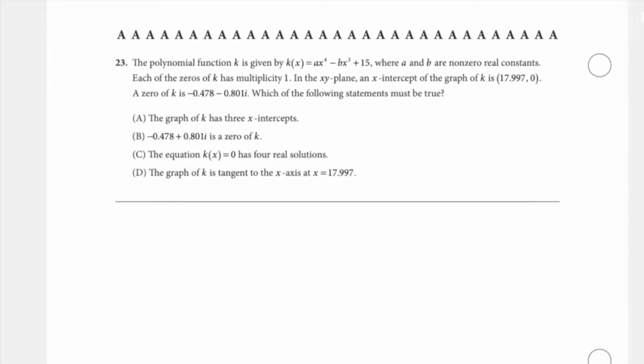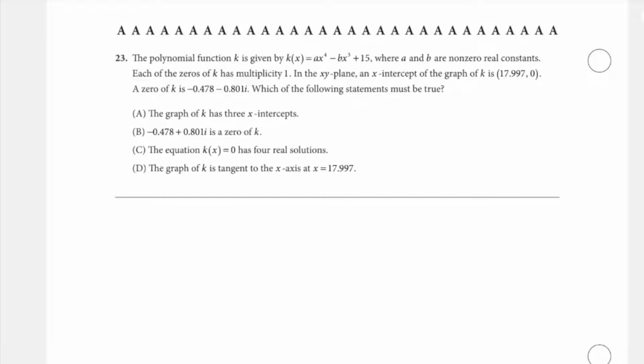Okay. Polynomial k has k of x equals ax to the 4 minus bx to the 3 plus 15. A and b are non-zero and real. Each of the zeros of k has multiplicity 1. An x-intercept is 17.997.